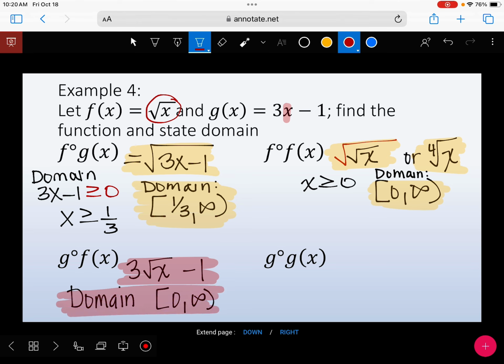And then lastly, we're going to take our g of x and put it inside of g of x. So I'm going to use my 3x minus 1, and in place of x, I'm going to put 3x minus 1.